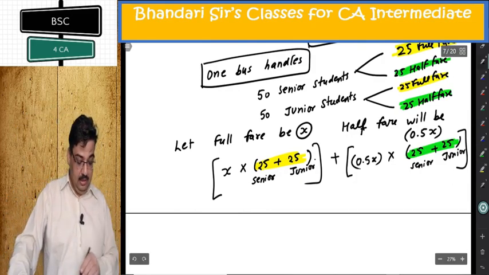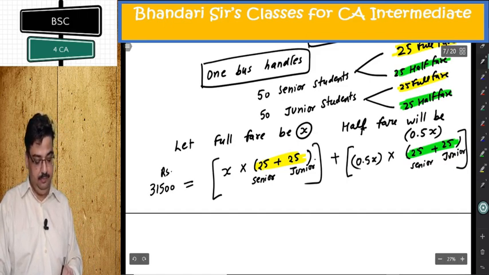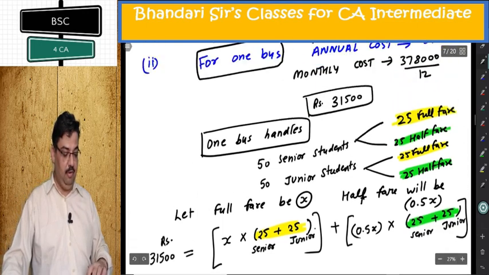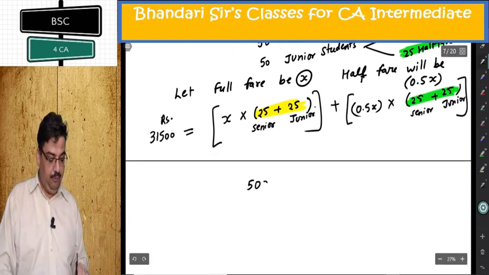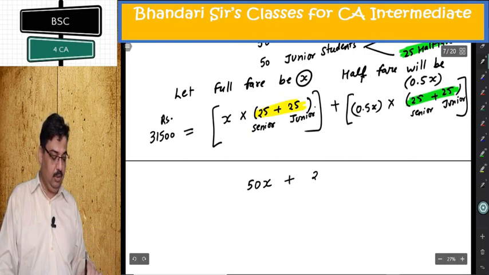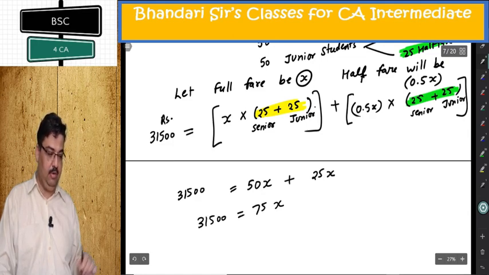Now, if I solve this, it should be equal to 31,500 that I computed. 31,500 is monthly cost that I should recover from them. 50x plus 25x should be equal to 31,500. 31,500 is equal to 75x.